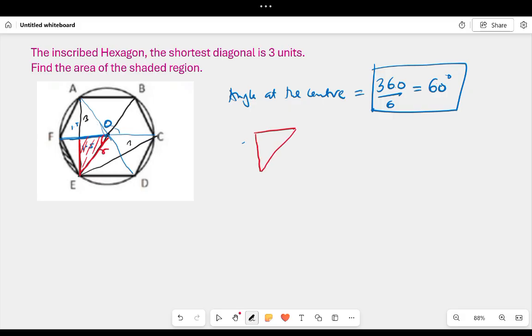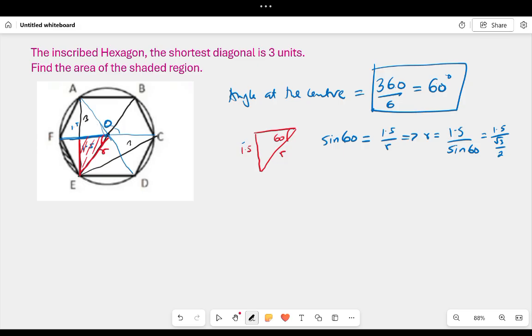All right, so this is going to be 60 degrees, and here it's 1.5, and this is the radius. So for me to get the radius, it is going to be calculated as sine 60 equals the opposite, which is 1.5, divided by the radius. And therefore the radius is going to be 1.5 divided by sine 60. Sine 60 is simply the square root of 3 over 2 because it's a special angle.